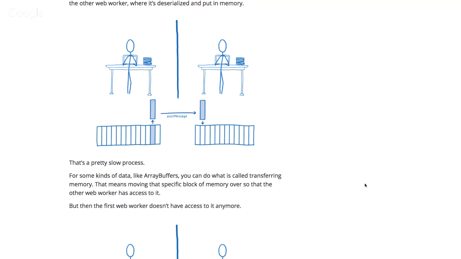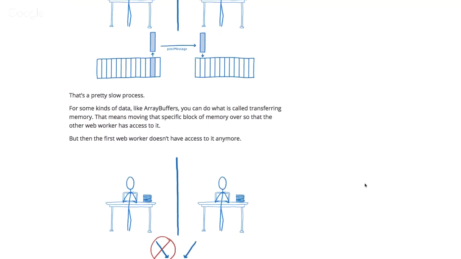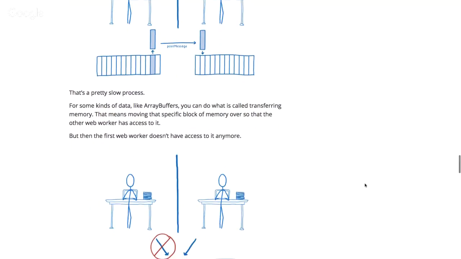Basically, you don't have to go through the pain of serializing it, deserializing it, and storing it in memory. You just transfer the address, I'm guessing, of the array buffer, and then the other web worker can use it.